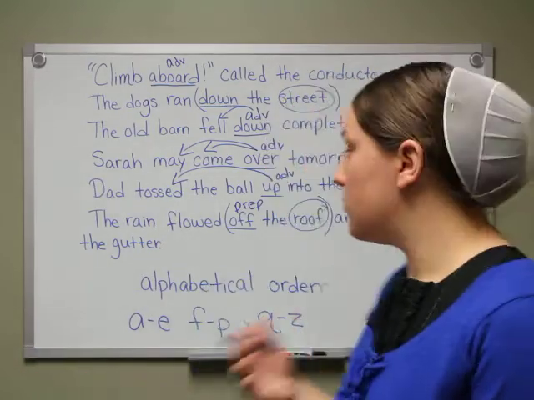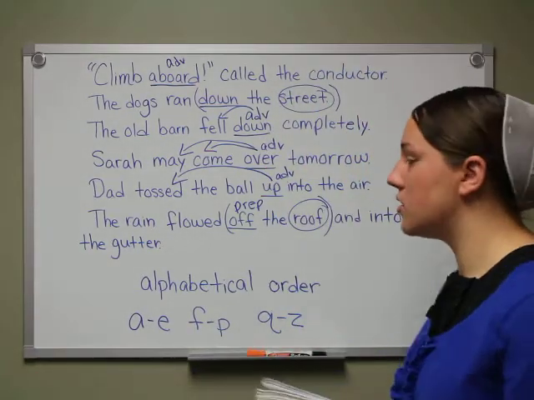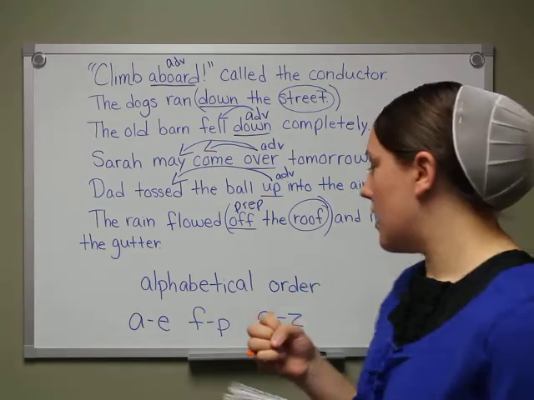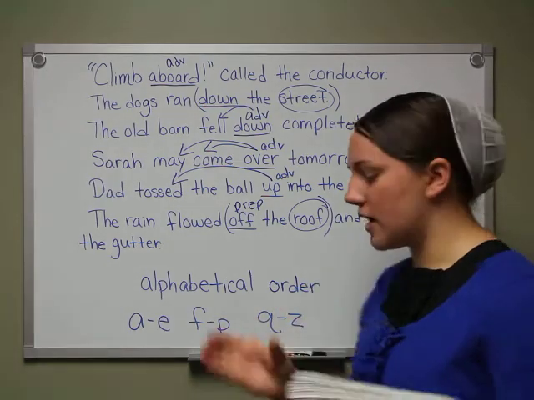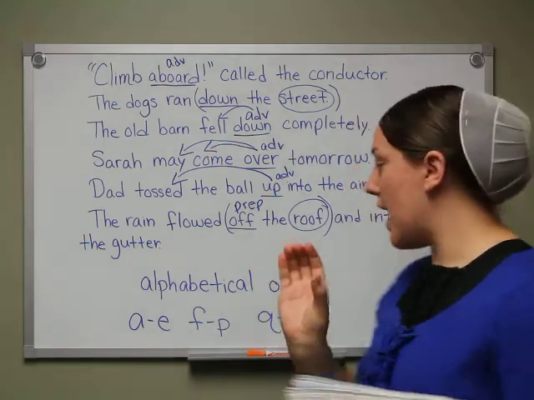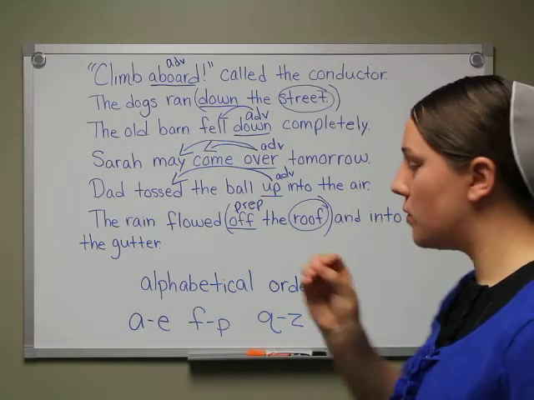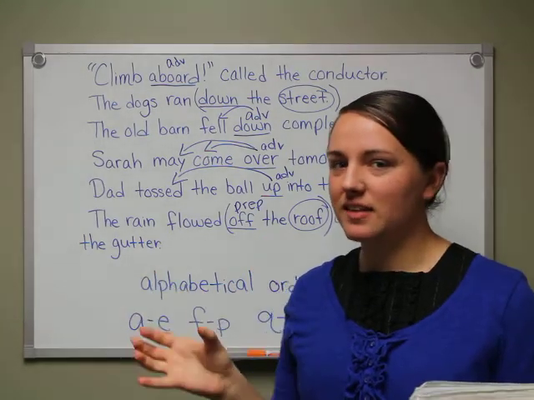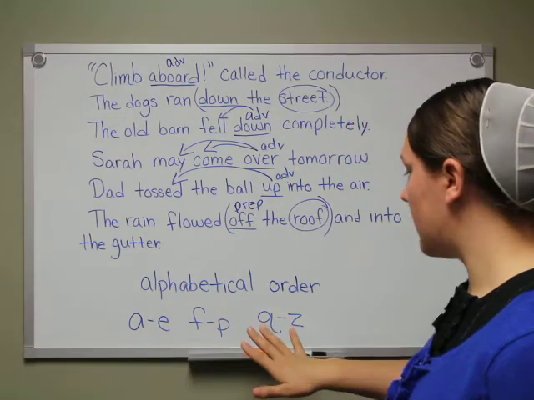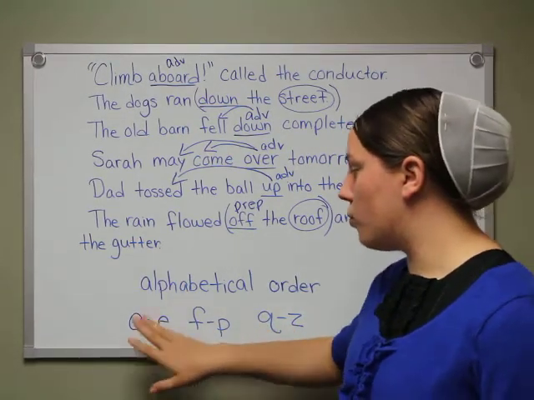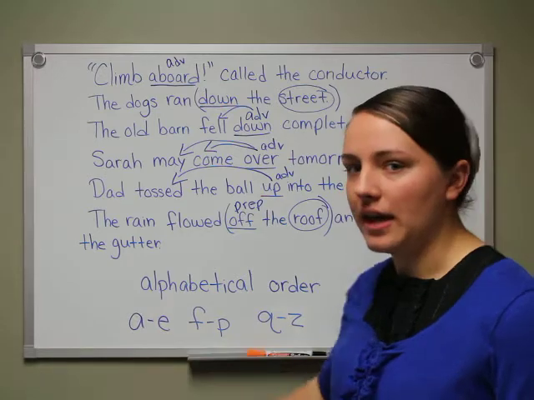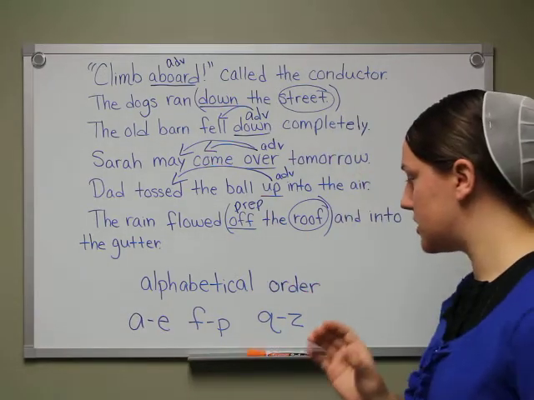Now, the dictionary can be divided into three parts. If you think about the dictionary, it's fairly large, and if you would divide it up into three sections evenly, it would be about divided like this. Words that start with A through E would be the first section.